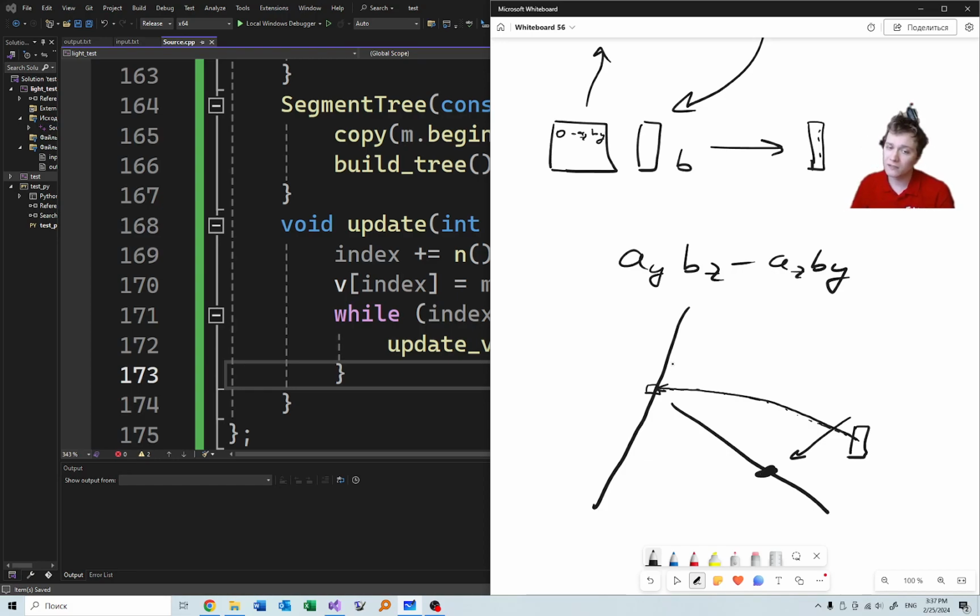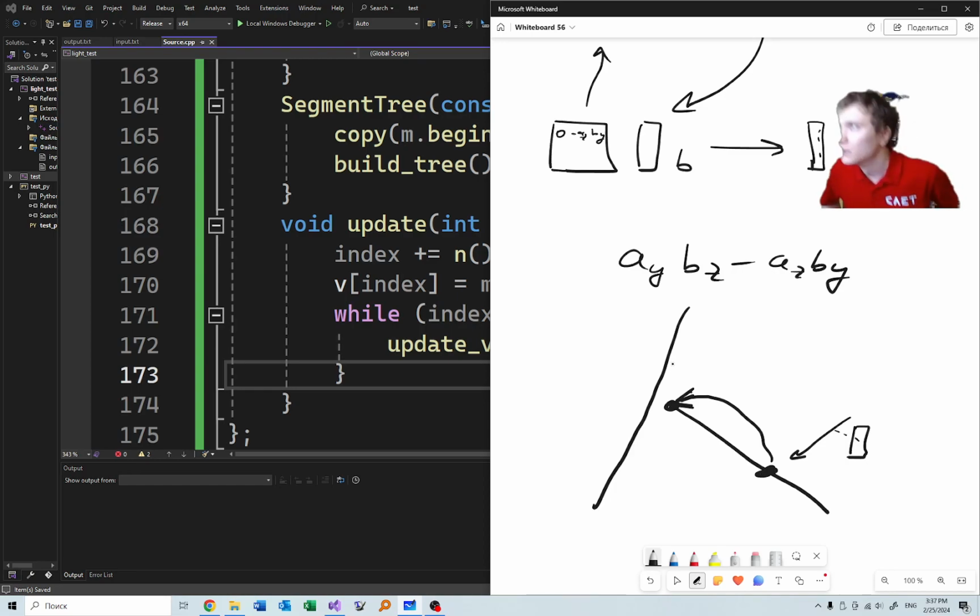So no, we cannot calculate it. We can only calculate what is written here. So we can calculate what is written here, but it's impossible to update it, so we can know what is written here.